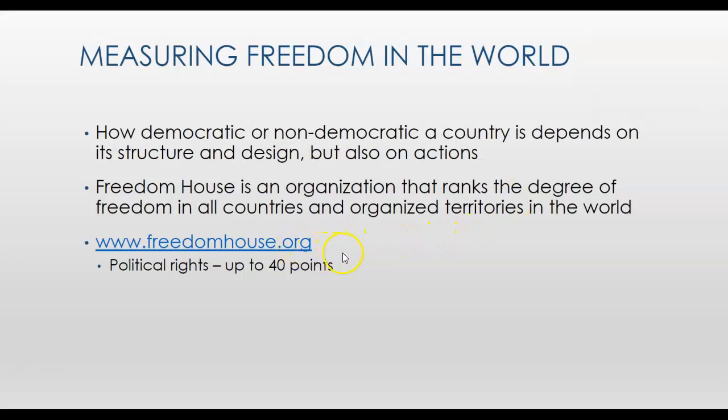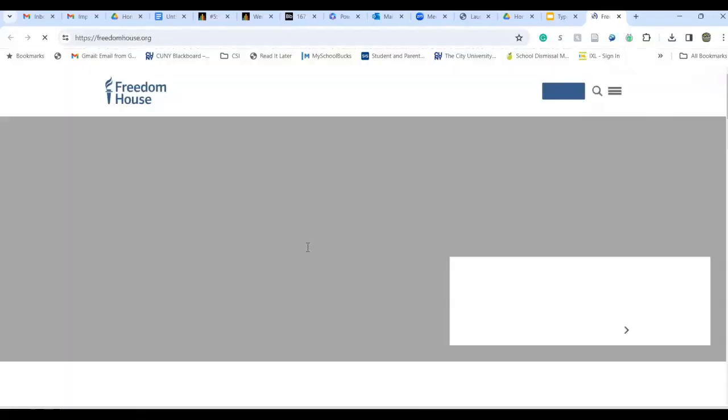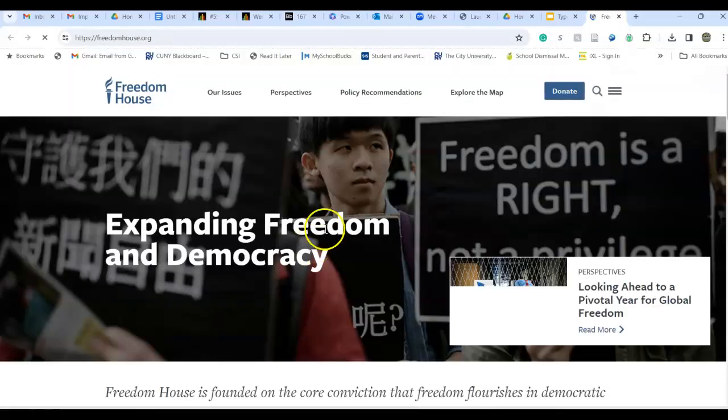The way it works is that a country can get up to 40 points on political rights and up to 60 points on civil liberties. There are specific questions, and you can see exactly what they're looking at. The higher the score, the more free the country is.